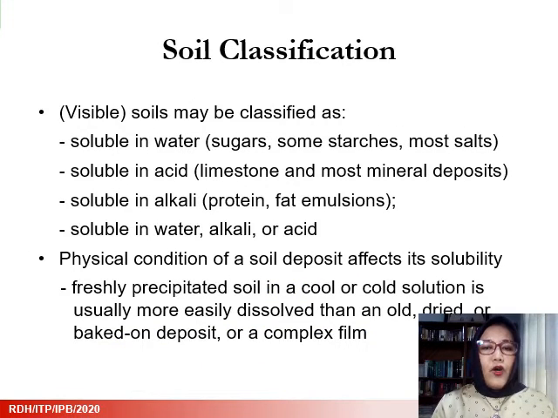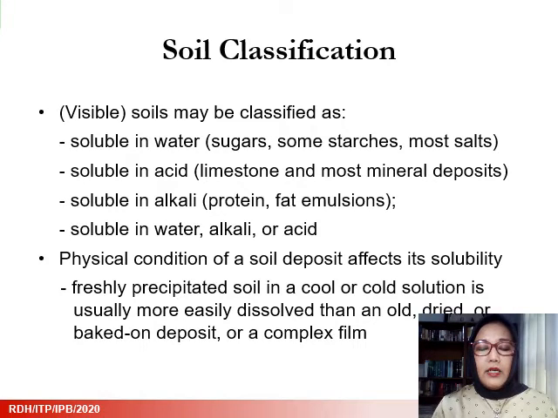So, soils in the food industry are usually classified based on their solubility. Visible soils can be classified as soluble in water, those include sugars, some starches, and most salts. Soluble in acid: limestone and most mineral deposits. Soluble in alkaline: such as protein and fat emulsions.